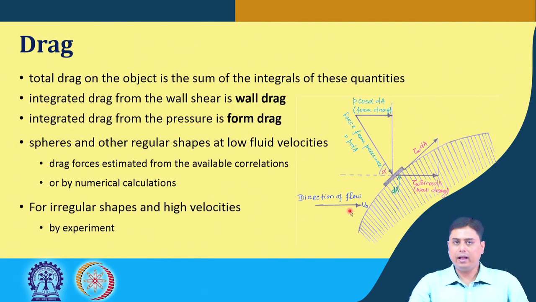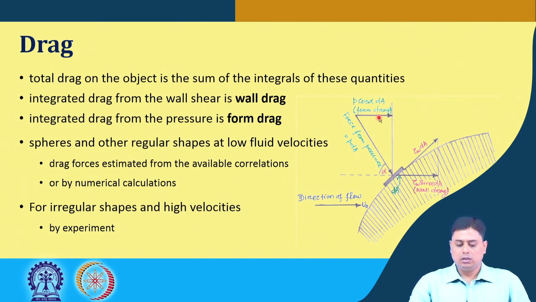So the total drag on the object is the sum of the integrals of these quantities we have mentioned, one arising from the force due to pressure and the other from the wall shear. The integrated drag from the wall shear we call wall drag, and the integrated drag from the pressure component we call form drag.